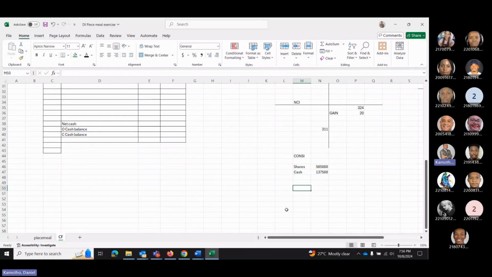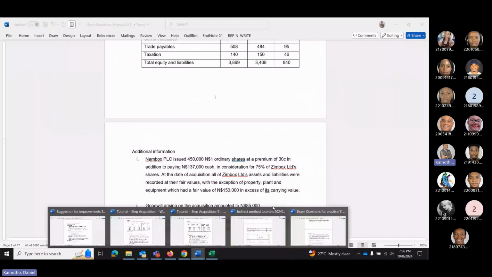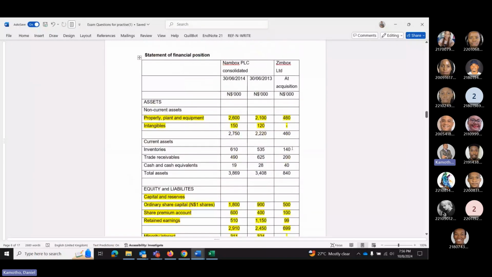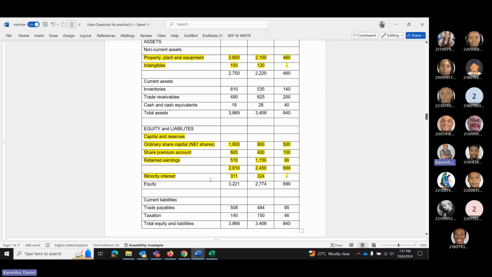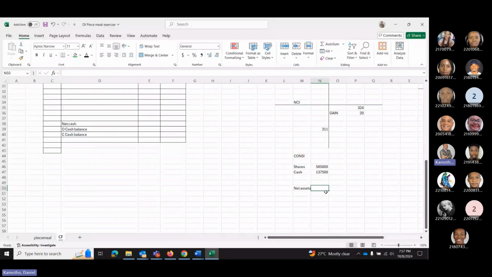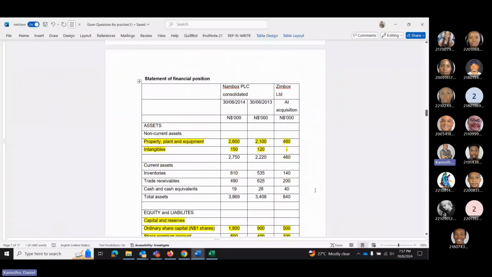Let's look at the net assets. Apologies. Net assets at the date of acquisition will be represented by the equity. This is the Zimbox equity at the date of acquisition, which is 699,000. So net assets before revaluation are 699,000, but there is a revaluation that we have been told about in note 1.